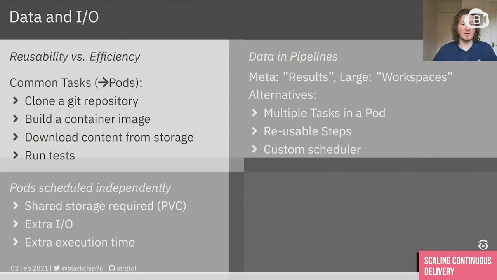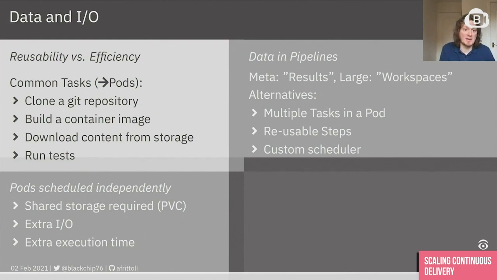In terms of data and I/O, I mentioned earlier execution efficiency. So we have a bit of a trade-off between reusability and efficiency. Today, tasks are implemented as Kubernetes pods. And as you may know, a pod is scheduled by Kubernetes on a node, but multiple pods may be scheduled on different nodes.